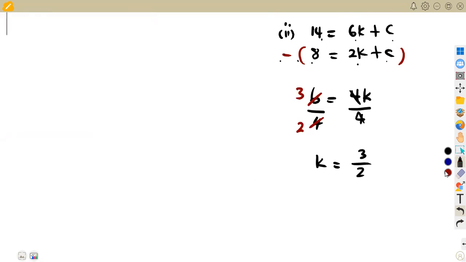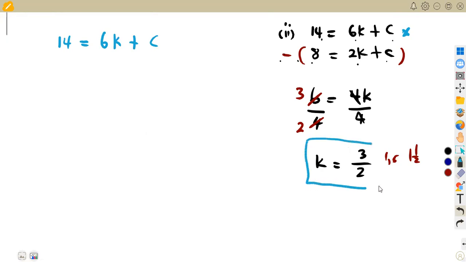So with the value of k, we can substitute. It's 3 over 2 or 1.5, whatever way that you can have. With this value of k, you are going to substitute in any of these two equations that we have to find now the value of c. So I'm going to take the first one, whereby we've got 14 is equal to 6k plus c. We have the value of k. On the substitution, it's best for you to deal with an improper fraction when calculating later on than to work with a mixed fraction.